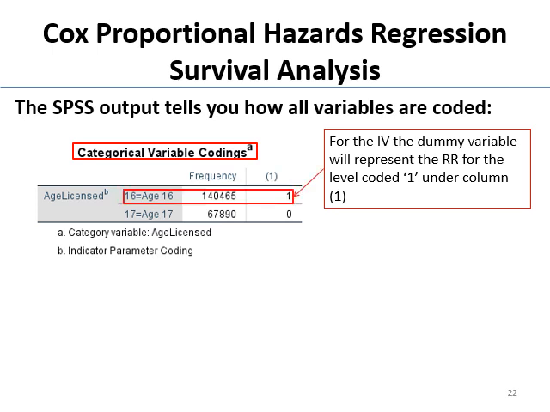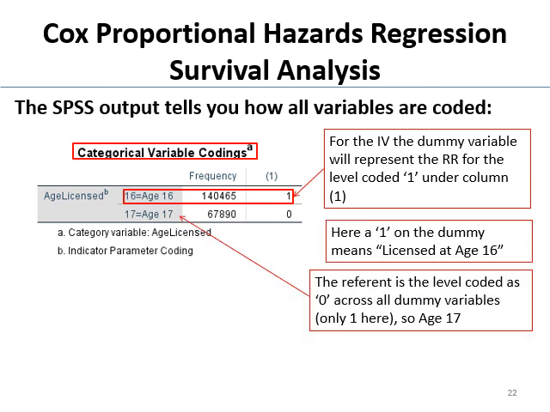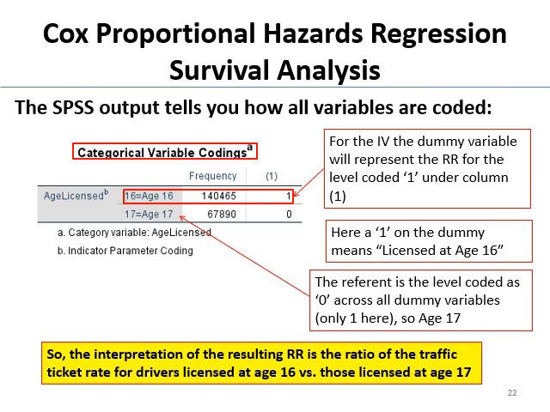So here 16-year-olds are coded as 1 on the dummy variable versus 17-year-olds who are coded 0. So the referent, again, is the one that's got a 0. The one coded 1 is the group of interest. So the interpretation of the resulting rate ratio is the ratio of the traffic ticket rate for drivers licensed at age 16 versus the rate for those licensed at age 17.